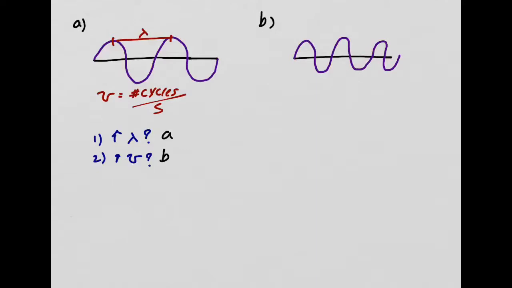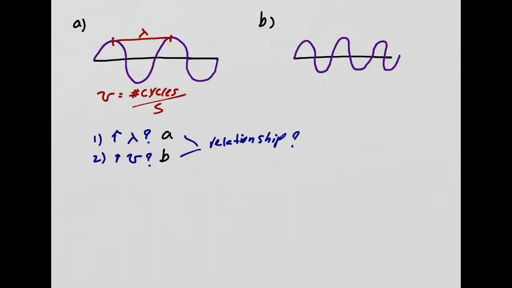So what can you tell me about the relationship between wavelength and frequency? They are inversely proportional. If I have a bigger wave, that means I cannot have as many of them, so I'm going to have a lower frequency. If I have a smaller wave, that means I can have more of them. So they are inversely proportional. So far so good.